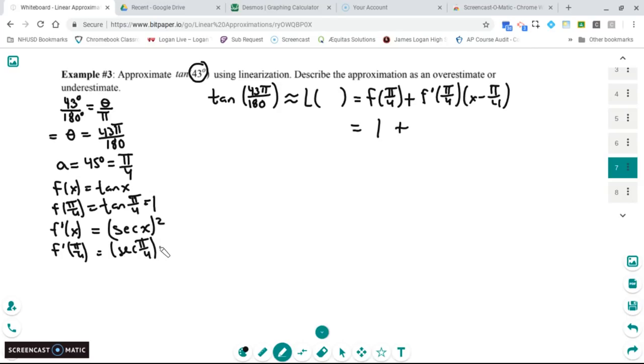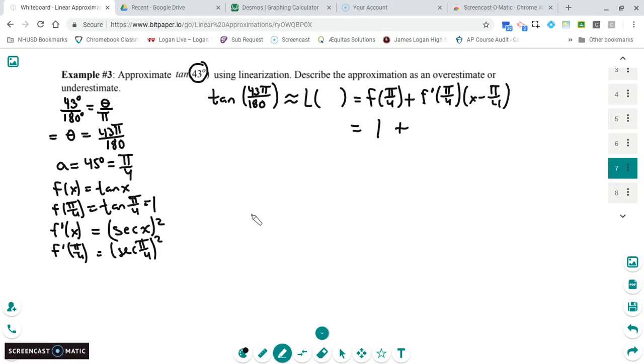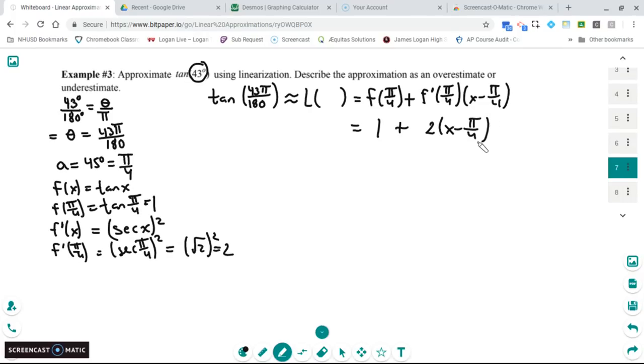Secant is the reciprocal of cosine. So cosine of pi over 4 is 1 over rad 2. Flip it, rad 2, square rad 2, I get 2. So that is going to be my tangent slope, so plus 2 times x minus pi over 4. All done with that. So there's my tangent line approximation.